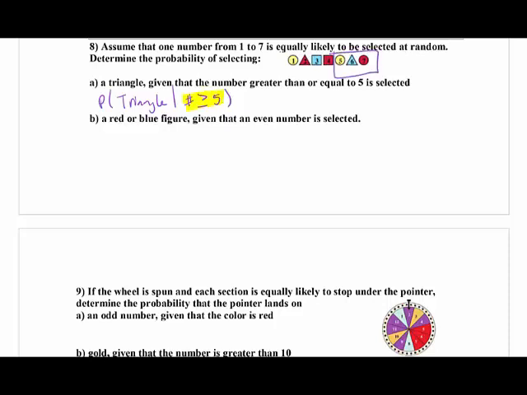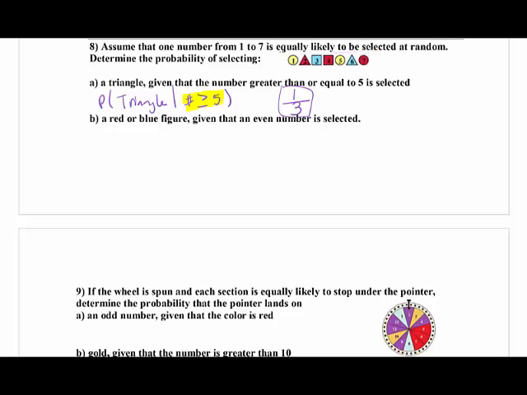Looking at 5, 6, and 7 because I'm including the 5. So out of those 3, which is now my new total, how many of them are a triangle? The only one that's a triangle is the 6, so my answer there should be 1/3. You can write it out using the formula, or you can reason it out.